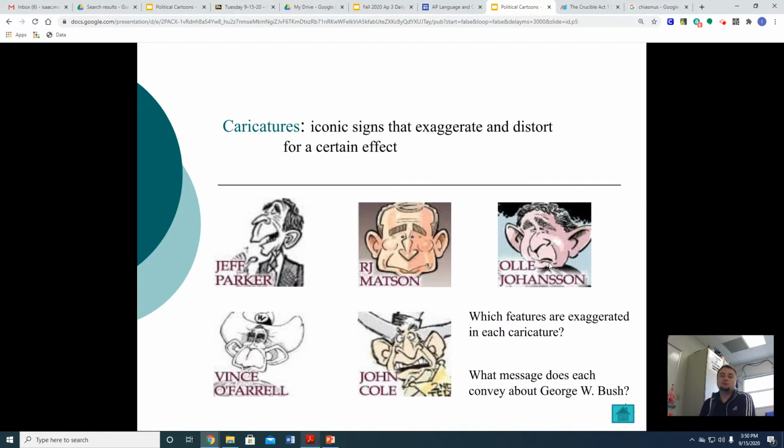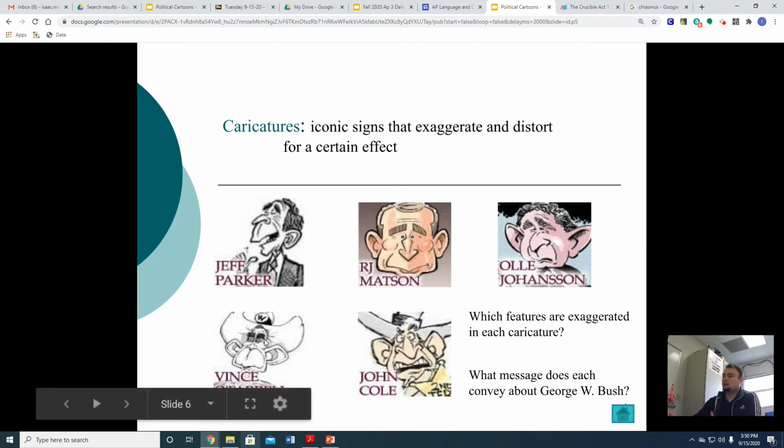One aspect of political cartoons that you'll see a lot is what's called caricatures. Caricatures are basically when they take features of somebody and blow them out of proportion to make some point or to emphasize something about that. So you can see all these political cartoons of George W. Bush.